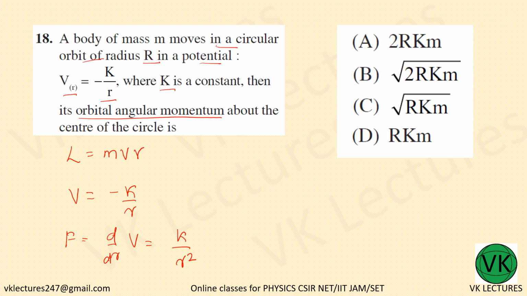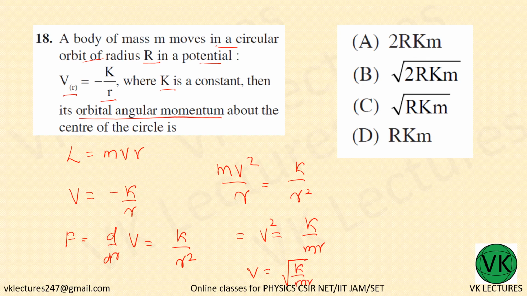So force, but we already know mv square by r is equal to k divided by r square. From this we can take v square equal to k divided by mr, or v is equal to under root k by mr. Now what do we want?